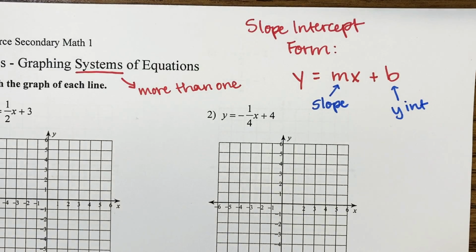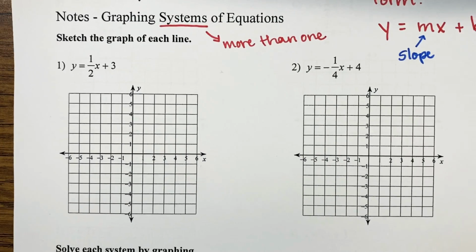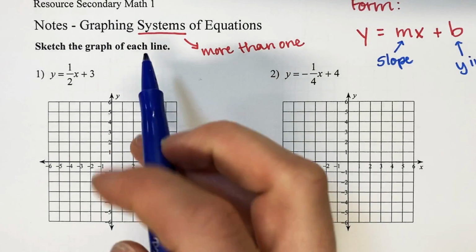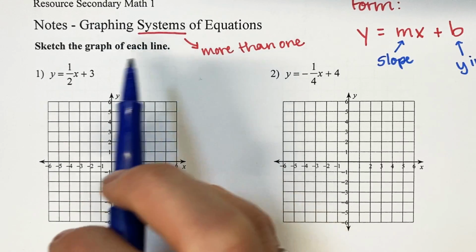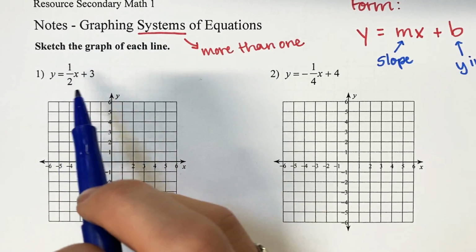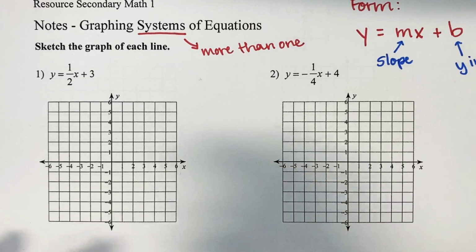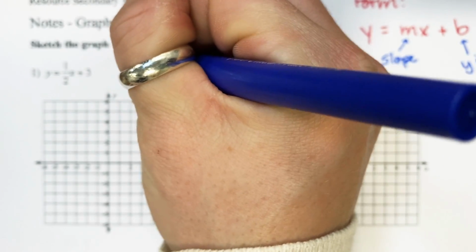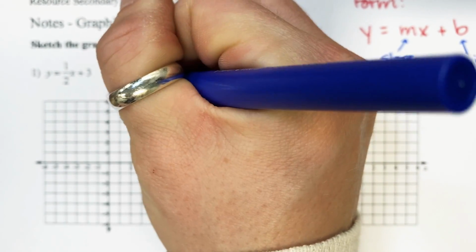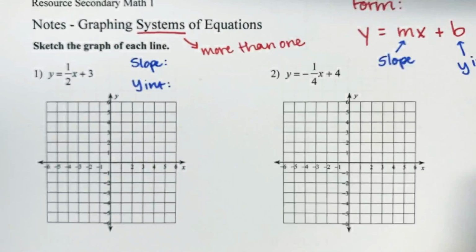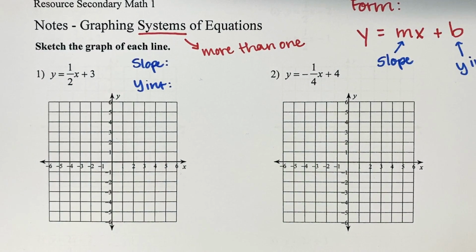So on numbers 1 and 2, even though we're going to practice graphing systems of equations, first let's just practice graphing one equation at a time. Okay, so in order to graph, I want us to identify the slope and the y-intercept. Okay?